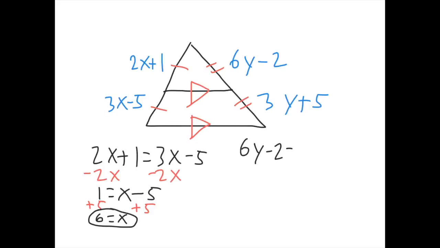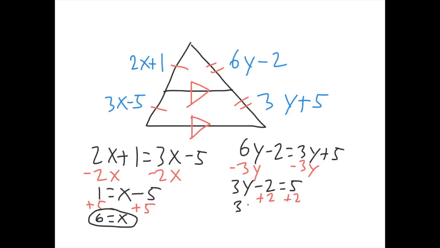6y minus 2 equals 3y plus 5. Subtract 3y from both sides. Gives us 3y minus 2 equals 5. Add 2 to both sides.